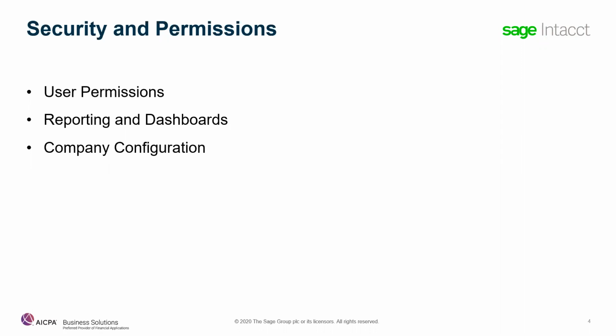We too have user permissions in Sage Intacct, and we're very sensitive to making sure that your information is secure, that your users are going where they need to go, and that they have access to the information that they should have access to. So our users are permissioned, our reporting and our dashboards also have permissions, and then there's some additional permissions and security that we'll look at in the company configuration.